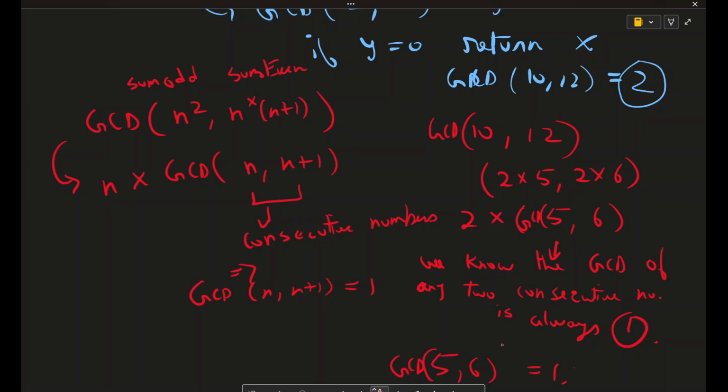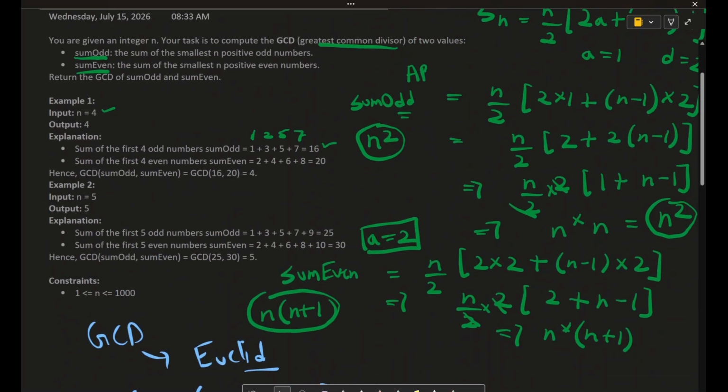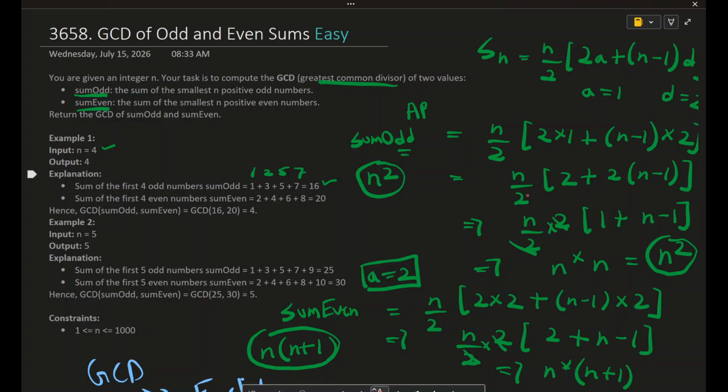So the answer for the GCD of this will be n only, n into 1, that is n. So we can directly return the answer as n. That means whatever input I'm getting in this question will be my answer. Here the n is 4, the answer is 4. Here the n is 5, the answer is 5. So it's that easy.